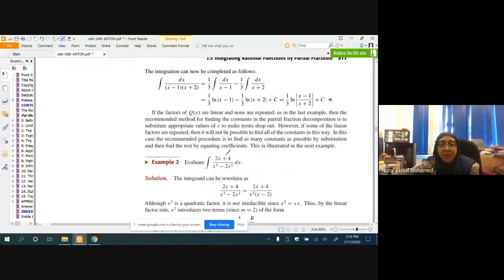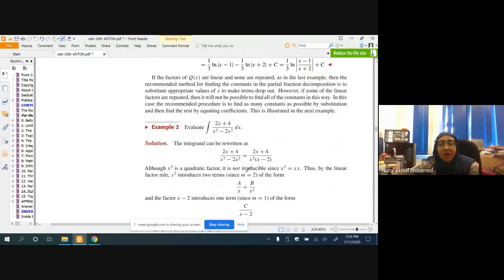But what happens if your factor is not linear, like this one? If you factorize, it will give you x squared multiplied by (x minus 2). This is not linear, this is quadratic. So this expression here can also be written as, let's say this is star, (2x plus 4) over x minus 0 squared multiplied by (x minus 2).